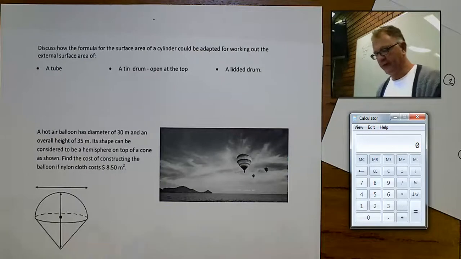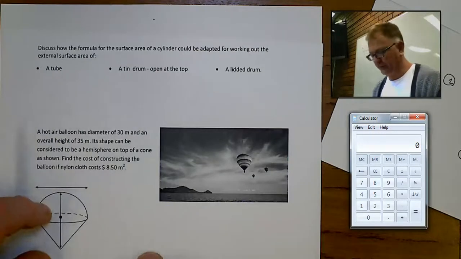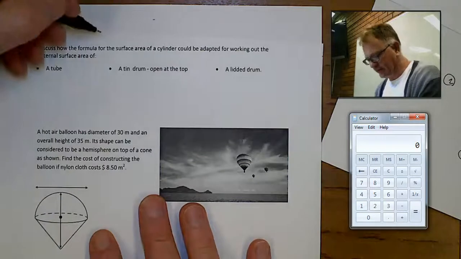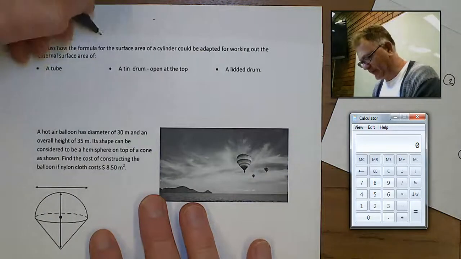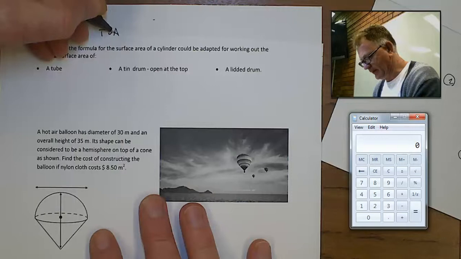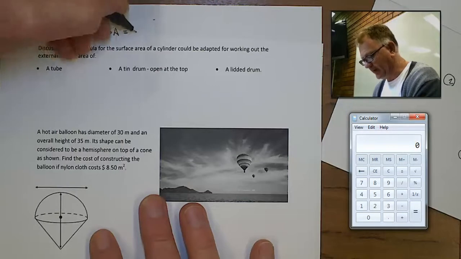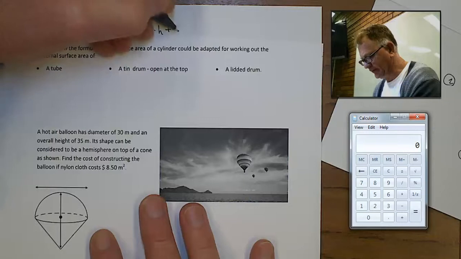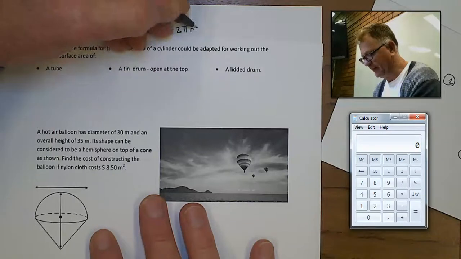This question at the top of the page asks us to adapt a formula. See, the formula for the surface area of a cylinder looks like this. The total surface area, you've got the formula on the other page, equals 2 pi r h plus 2 lots of pi r squared.